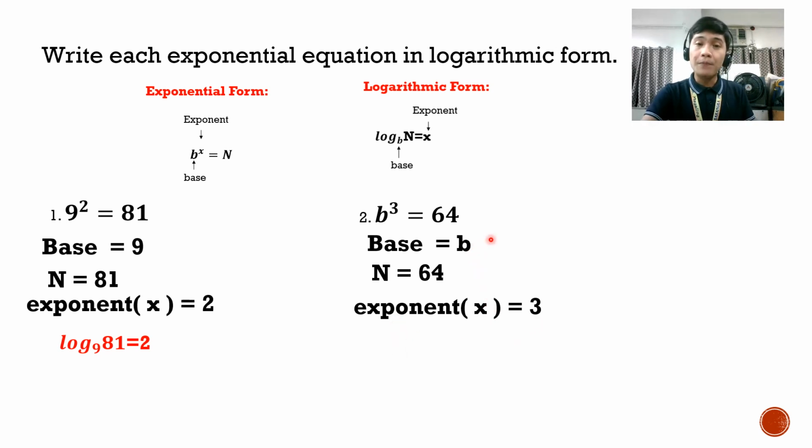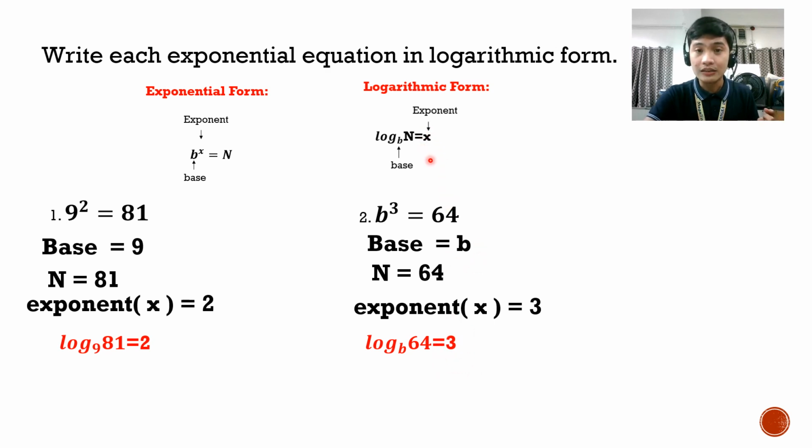Now, kung yung base natin sa number 2, yung n at yung x natin or exponent, ay ating i-relate sa ating logarithmic form, ito po ang magiging sagot natin. Logarithm of 64, because our n here is 64, to the base b, because our base here is expressed as b, is equal to 3.